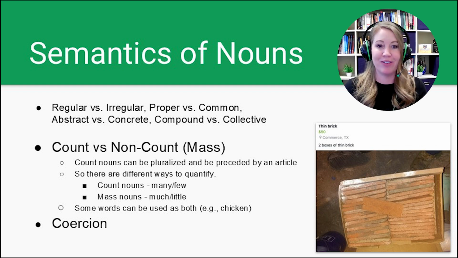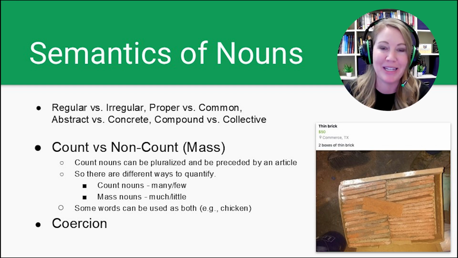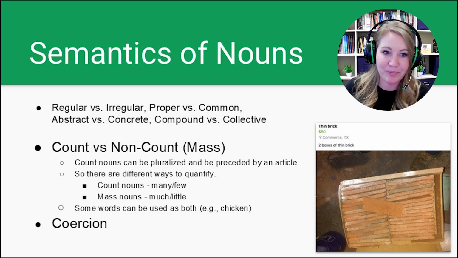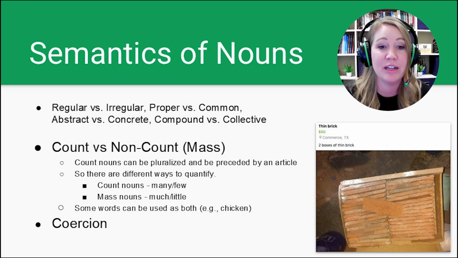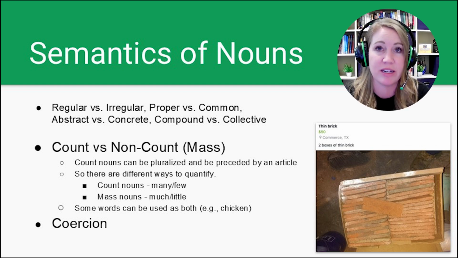Okay, now some nouns can clearly function as both count nouns and mass nouns, as I just demonstrated with water. And it really depends on how they're used in the sentence. So this distinction often depends on whether we're referring to something as a distinct item or as a substance or a concept in general. So the word chicken, I can use it as a count noun.